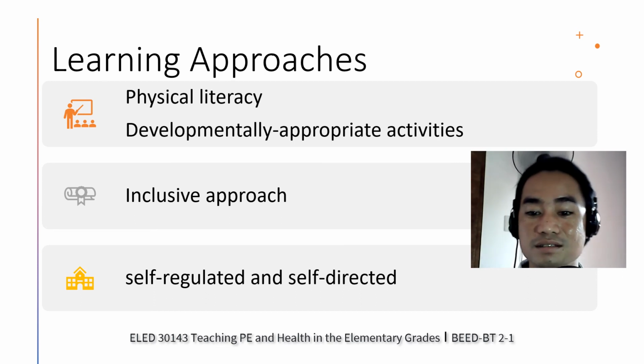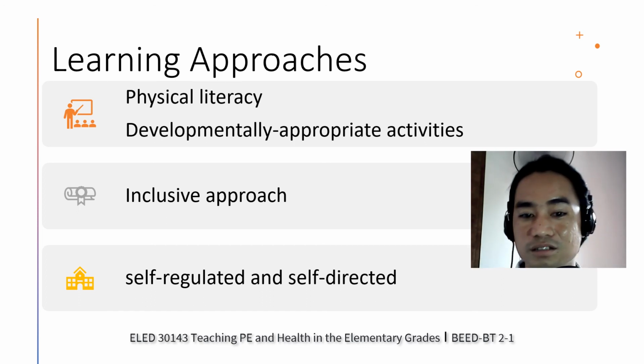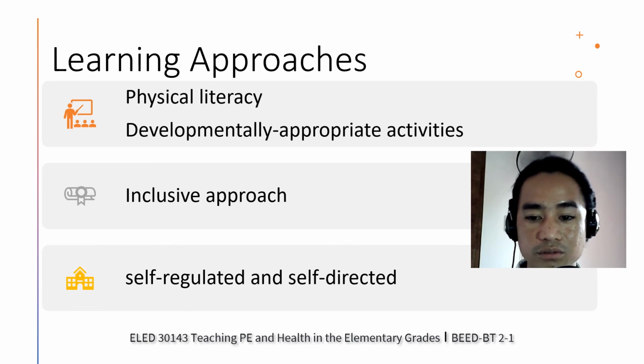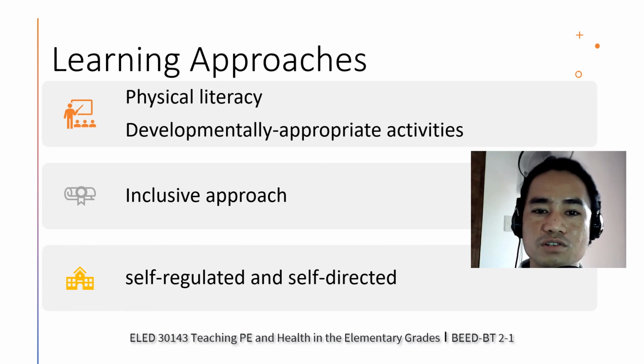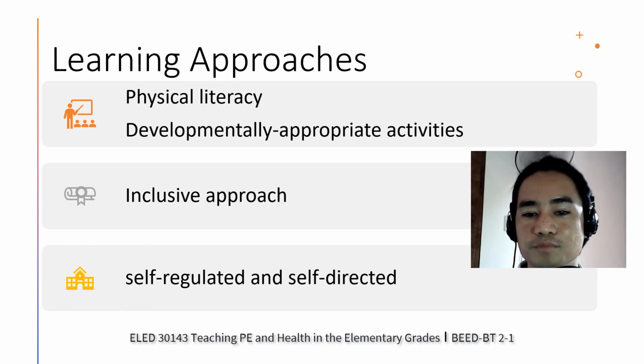Yung physical literacy ma-develop within the self tapos mag-radiate outwards, no? Sa kanilang family, sa kanilang immediate community, and ultimately to the society. So these are the valuable 21st century skills which the K-12 PE curriculum aspires for the learners to develop. Okay.